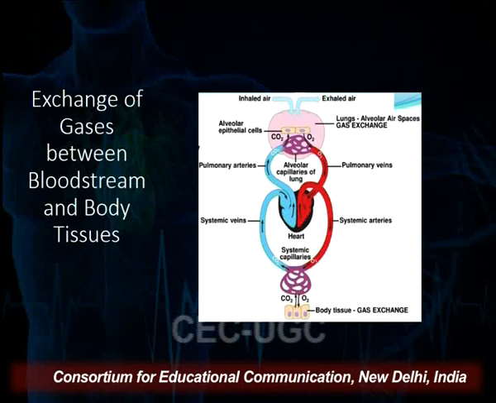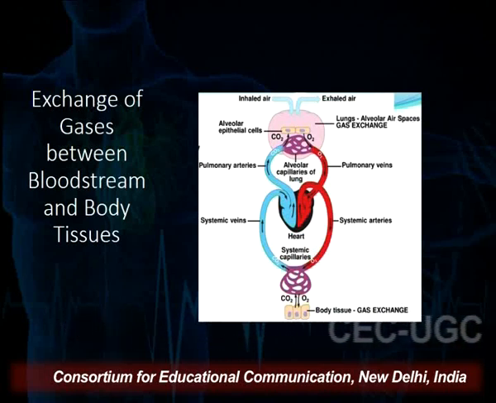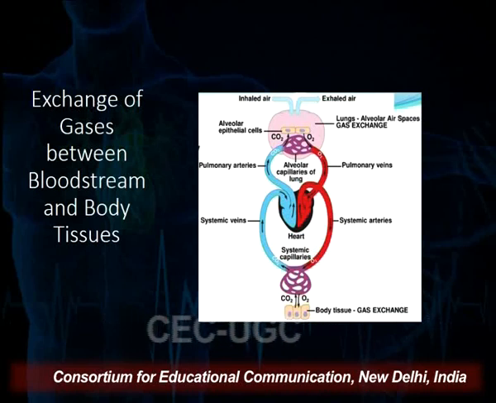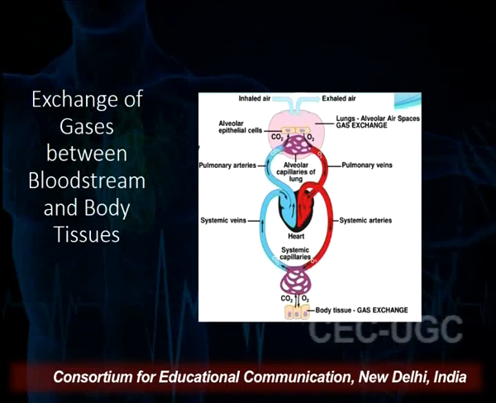The body carries the oxygen from the lungs around the body and releases the oxygen when it reaches the capillaries. The oxygen diffuses through the capillary walls and into the body tissue. The carbon dioxide also diffuses into the blood and is carried back to the lungs for release.